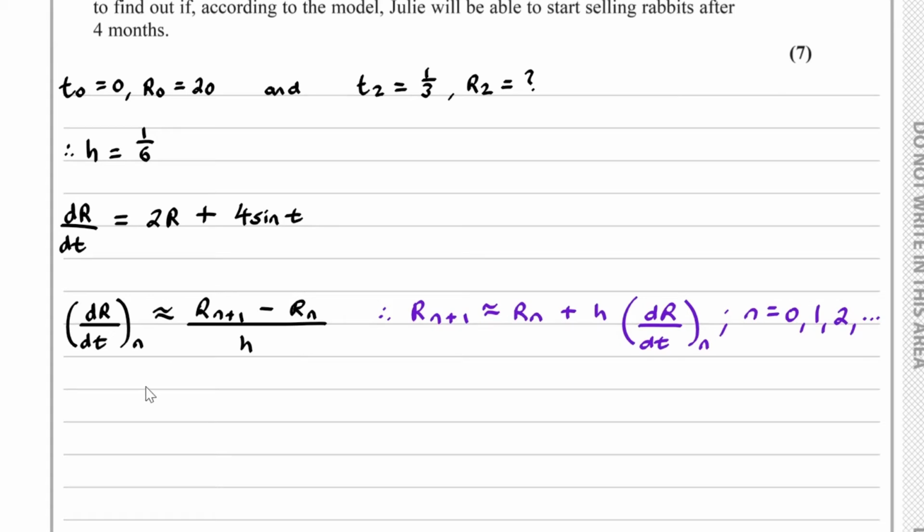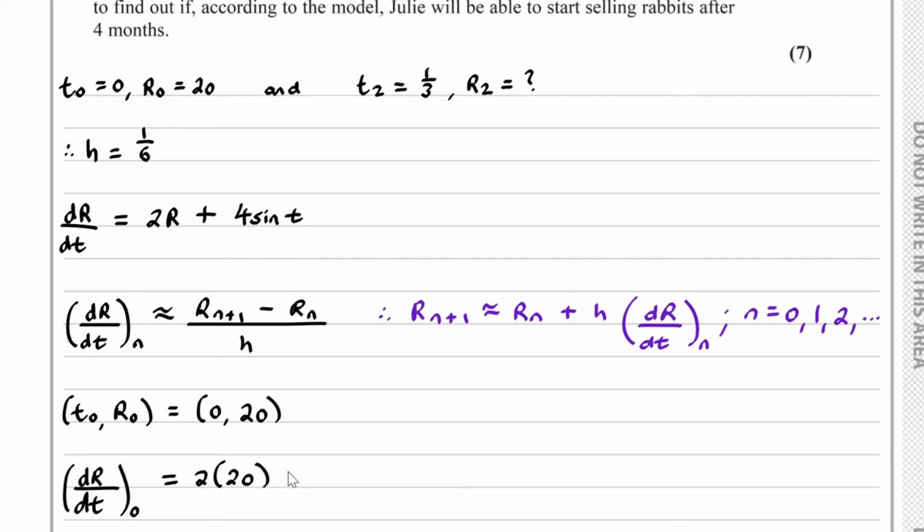So far we've been given that t0, r0 is equal to 0, 20, and dr over dt 0 is equal to, if we substitute into here, 2 lots of 20 plus 4 lots of sin of 0. Make sure that we work in radians. Turns out we get 40.